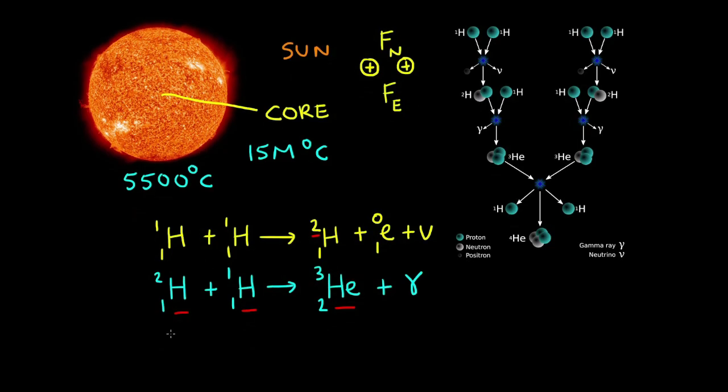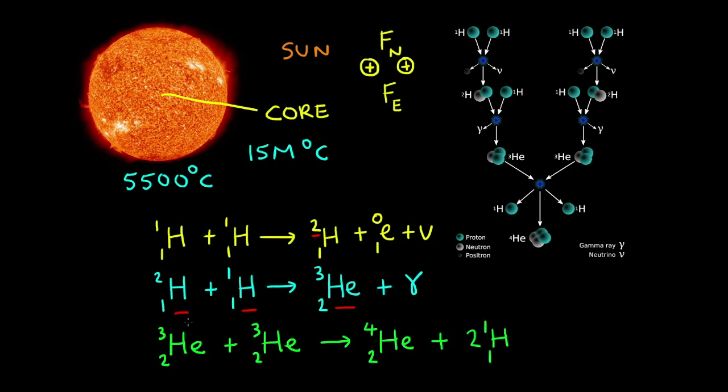And in the next step, two heliums get fused together to form a helium-4 isotope, and two protons are lost in the process. As we can see, the nucleon number and charge is conserved in the nuclear reaction.